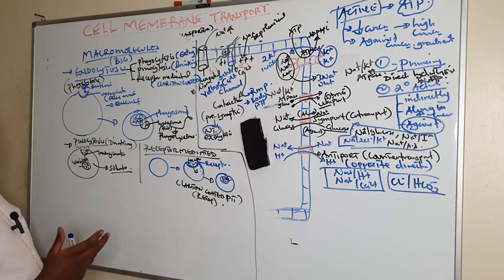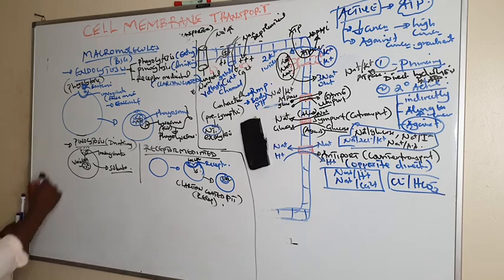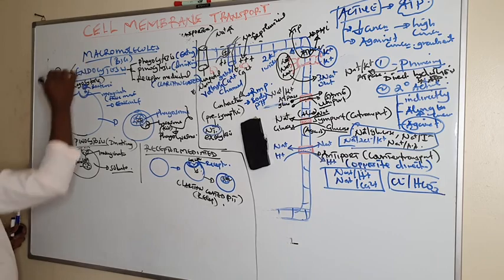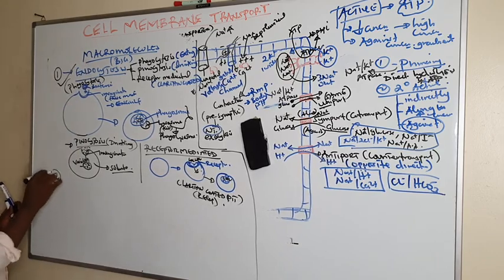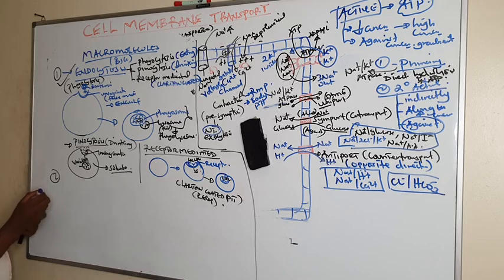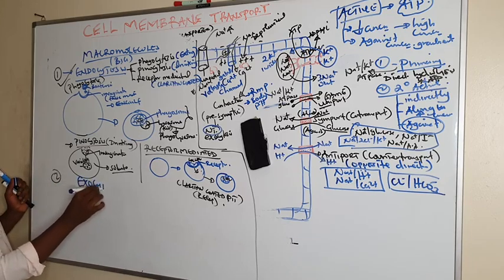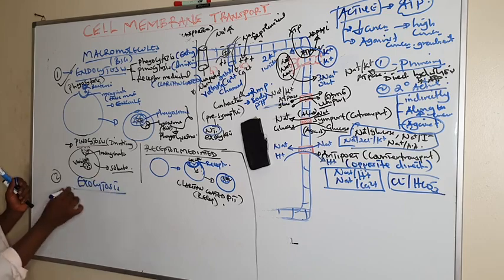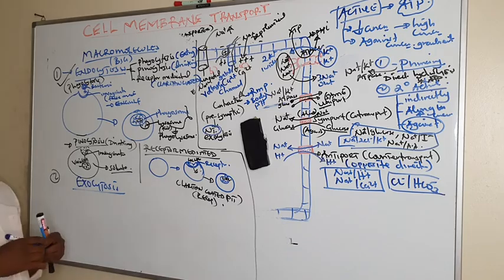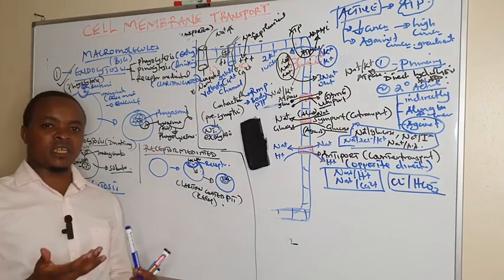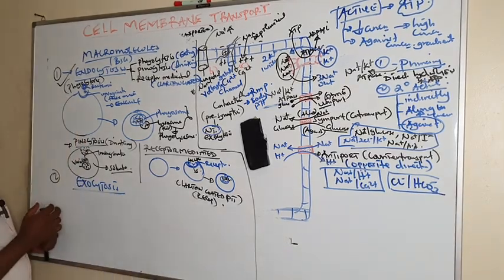So finally, this was number one, endocytosis. The second one is exocytosis. Exocytosis, whereby exo means we are spitting out substances which are big in size.